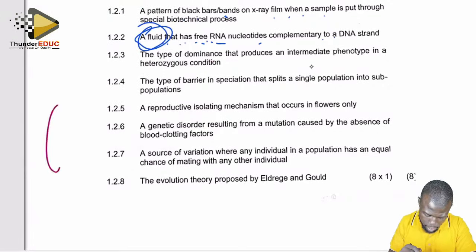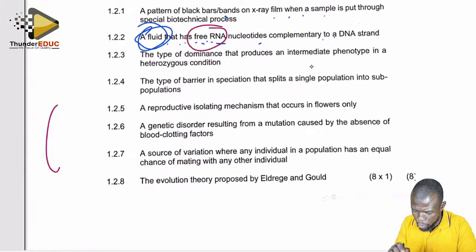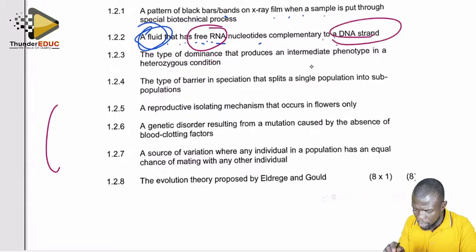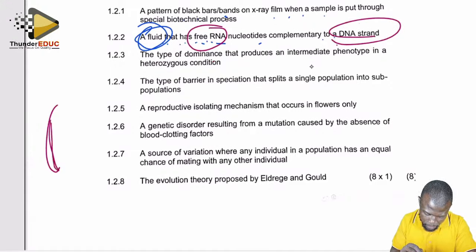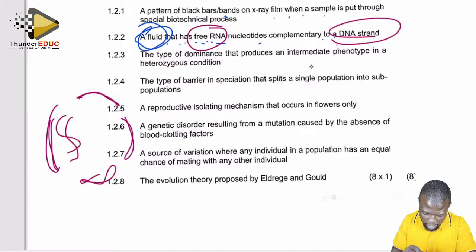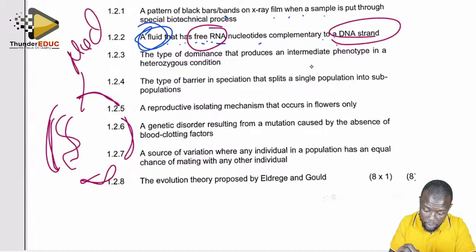When we talk about free RNA nucleotides complementary to a DNA strand, this is DNA. So where is DNA found? DNA is found in the nucleus.